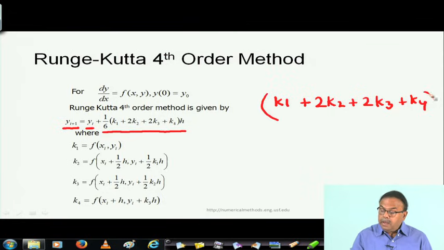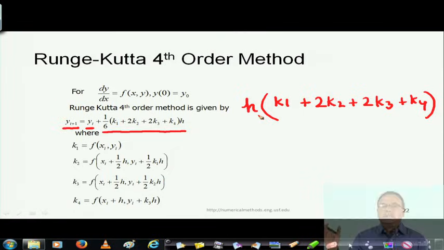This whole thing multiplied by h. H is again the sampling gap, that is the distance between the individual points that we look at.